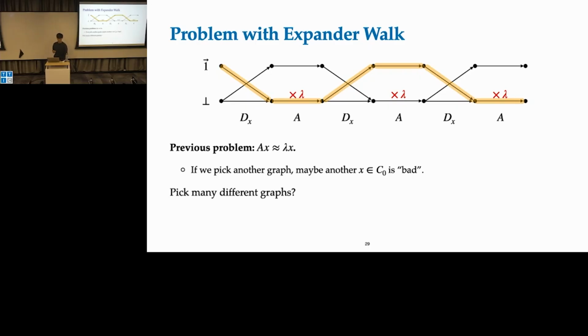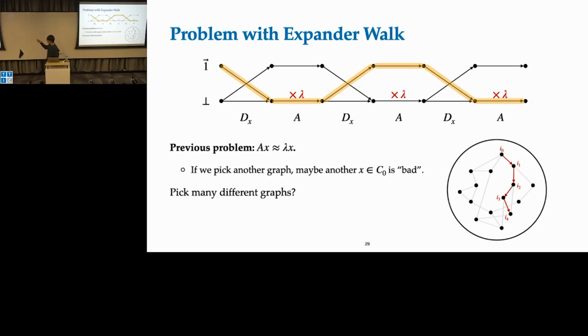What if we choose many different graphs? Remember in the previous expander walk, we're walking on the same graph. Every step we take is on the same graph. If we have different graphs, we're allowed to take each step using a different graph. And this is exactly what we're going to do. Walk on different graphs.